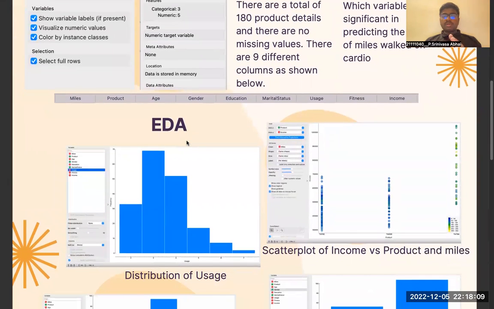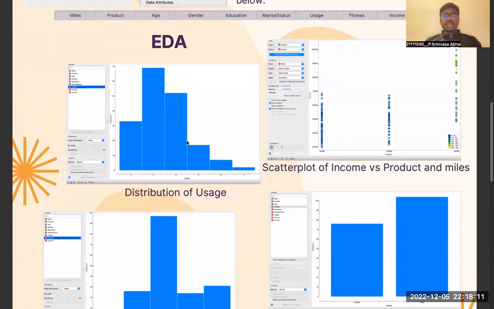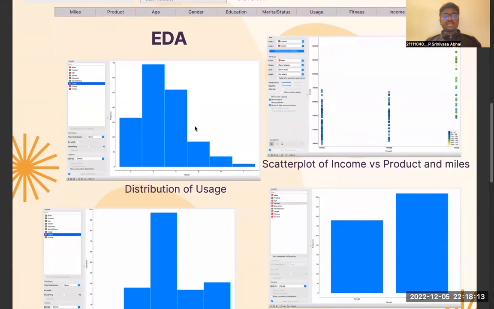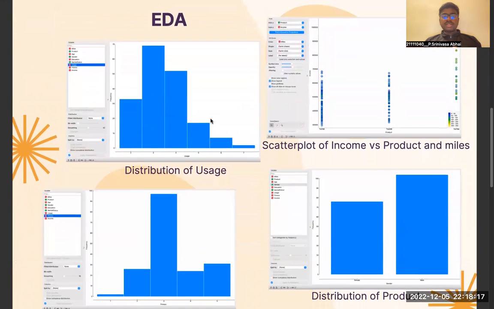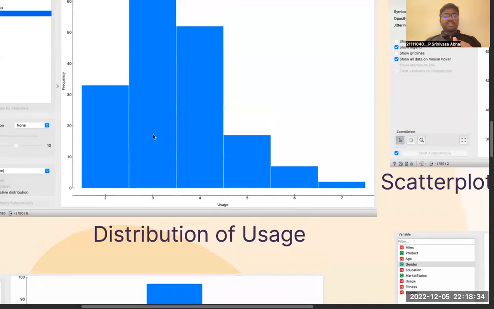This is all about the dataset, and let's move into the exploratory data analysis. Exploratory data analysis is nothing but data visualization: how does the raw data look in terms of graphs? Let me explain the first graph.